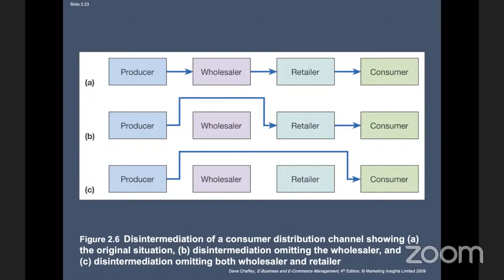Producers, the companies or the factories, give what they produce to the wholesaler, and the wholesaler gives to the retailer, and finally the retailer sells to the consumers. While if we talk about disintermediation, then in scenario B, the producer gives directly to the retailers and the retailer gives to the consumers, and the cost of the wholesaler is excluded in this scenario.